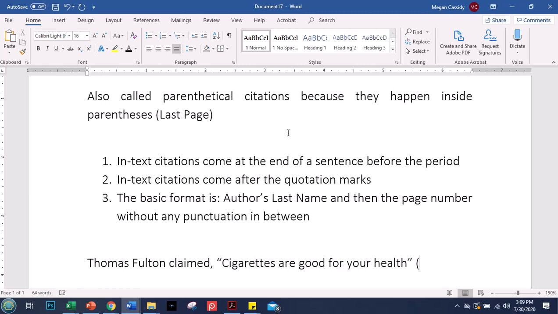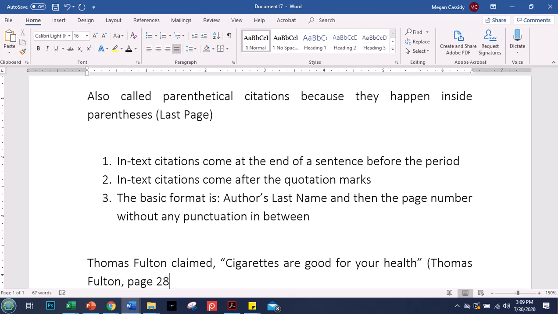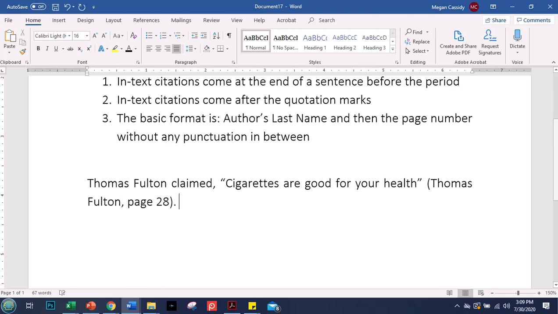Okay. And then what I'll have sometimes is somebody will put something like Thomas Fulton, comma, page 28. They'll have it like that. Or I'll get sometimes the URL, so the website, right? So I'll have the end quote there, and then it'll be like www.crazythingstosay.org/hey, what is this, or Fulton quote, whatever the thing is, right?